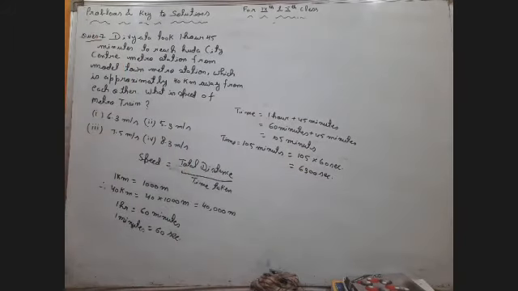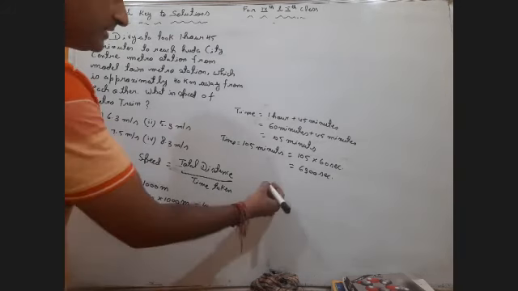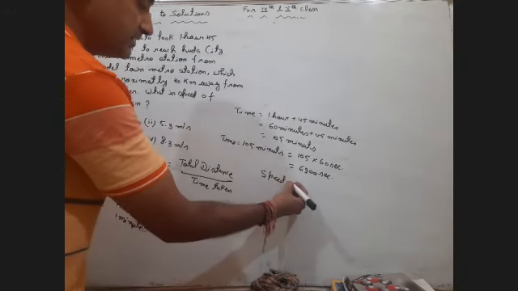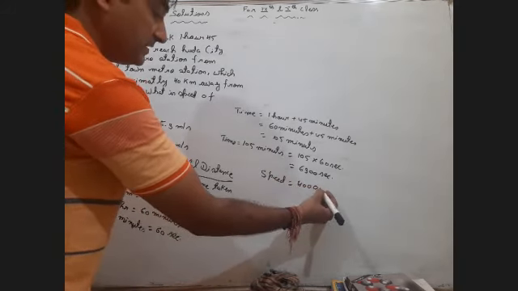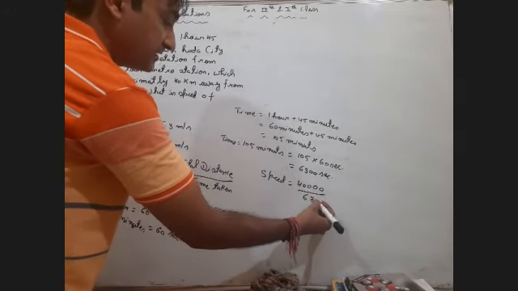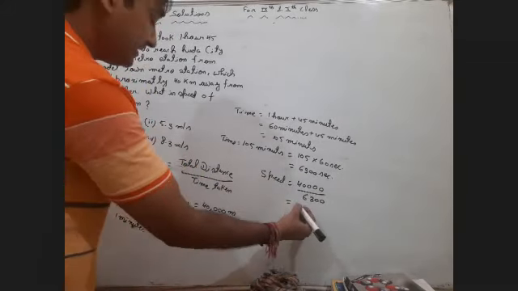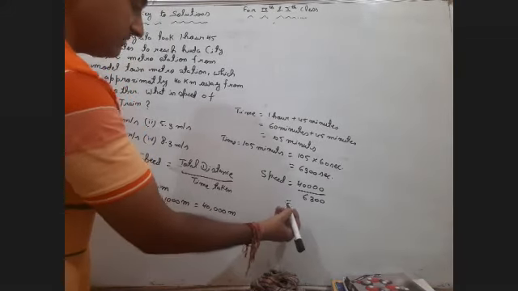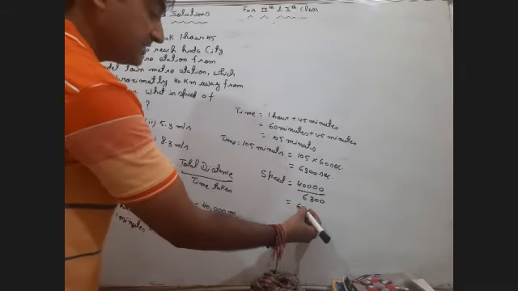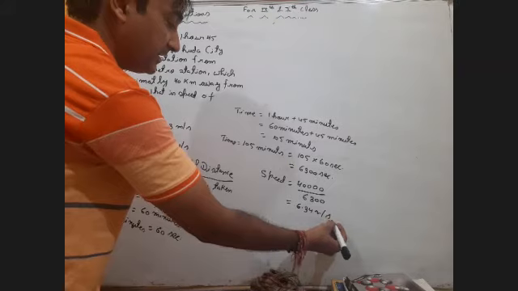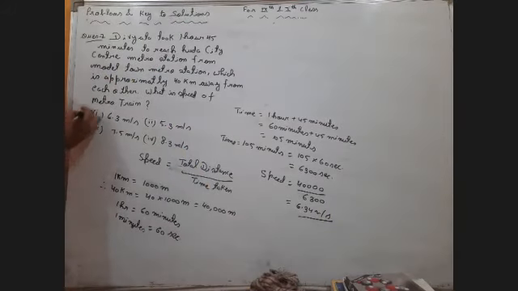Now just put the values here to calculate speed, which is equal to 40,000 divided by 6300. If you divide 40,000 by 6300, you will get an approximate value of 6.34 meter per second. So we will go with option number 1, 6.3 meter per second.